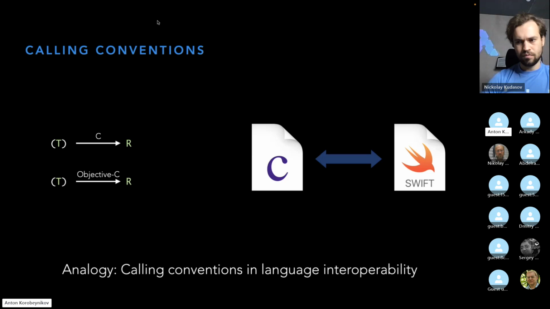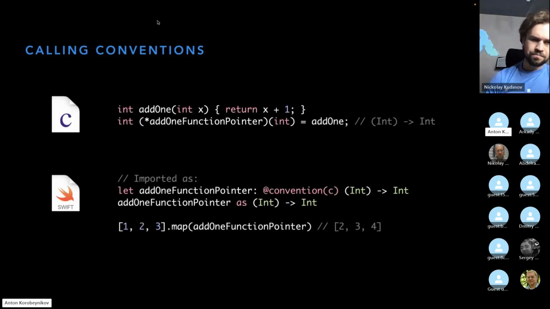Let's see a closer example. Let's declare the add1 function in C, right? I can refer to this function as a function pointer by defining a global C variable. And when I import this C file in Swift, the function pointer is imported as a global variable with the additional convention C function type.